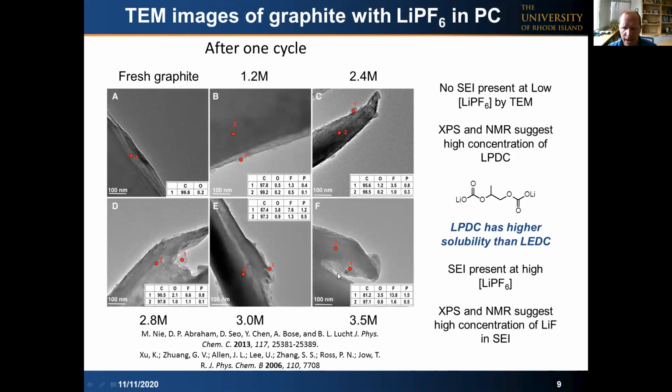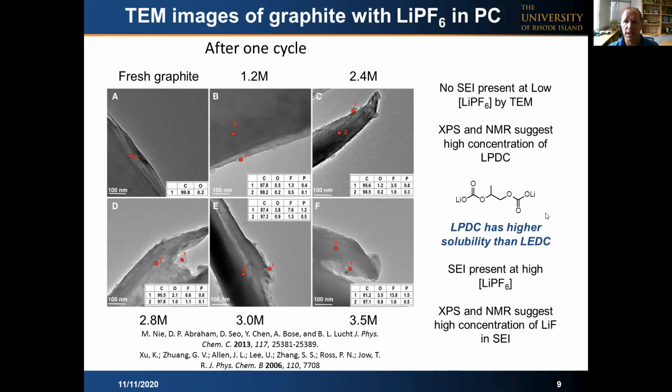As we go to the really high 3.5 molar concentration, what we can see is relatively thick surface films, except it's really a very different surface film than what we observed for the EC-based electrolytes. These are very, very grainy surface films. In the case of the LiPF6 EC-based electrolytes, we had very amorphous looking films, while these are very grainy.